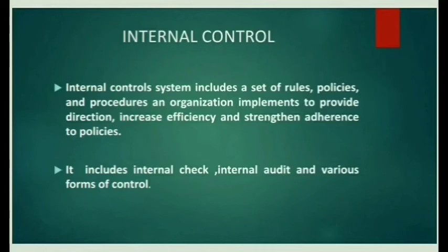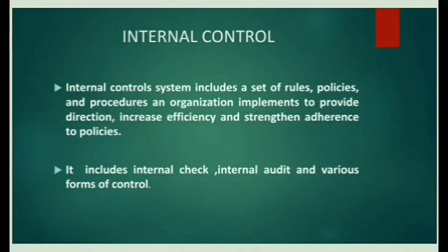And there is also a specific objective. What is it? It is to check the arithmetical accuracy of a transaction, approval and control of the documents, to compare with the external sources of information, and to compare the actual results with the budget.